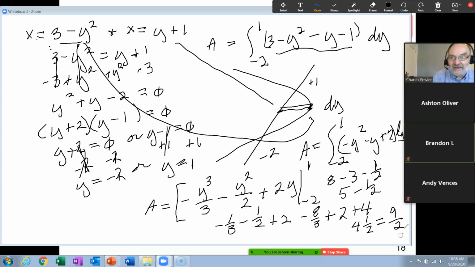But you have to change everything here, and make y equal to x minus 1 to solve for y. Here, that's even worse. This is y squared is equal to 3 minus x. Then you have to take a square root, and it's plus or minus the square root of 3 minus x. That's what y is. So when you're going here, that's going from x minus 1 down to the negative square root. So you're subtracting a negative, which is adding, okay?